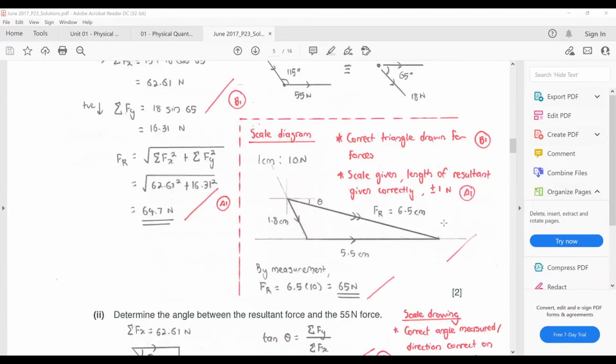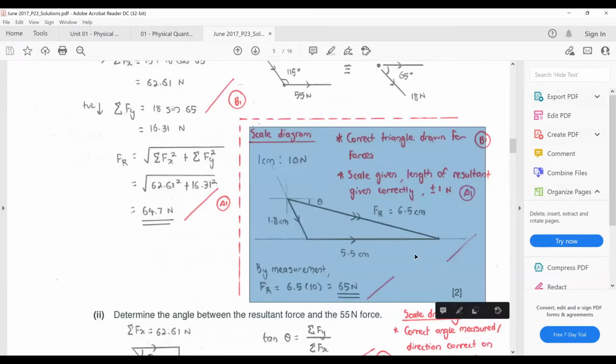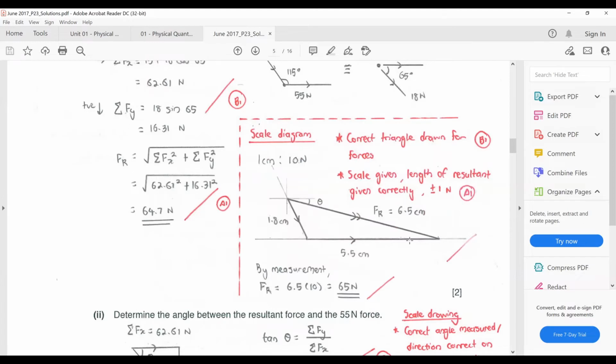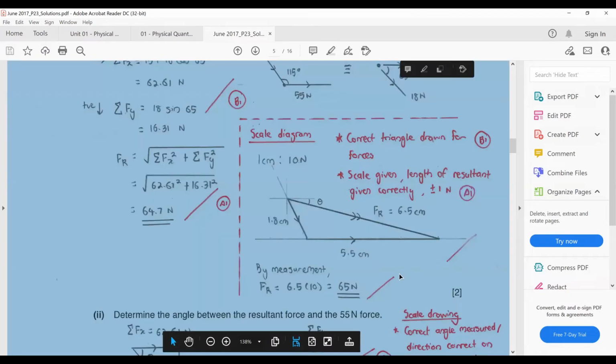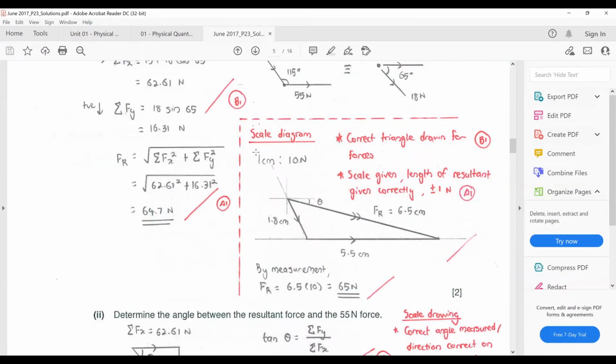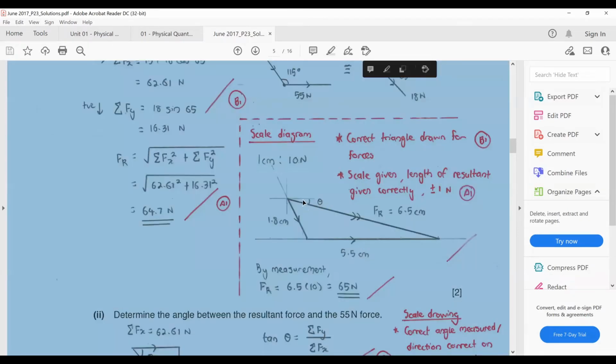If you use a scale vector diagram, I mentioned to just use it first. Your answer for the resultant ought to be 65 Newton. Maybe you used a scale of 1 centimeter to 10 Newton, or your scale could be different. It won't matter.